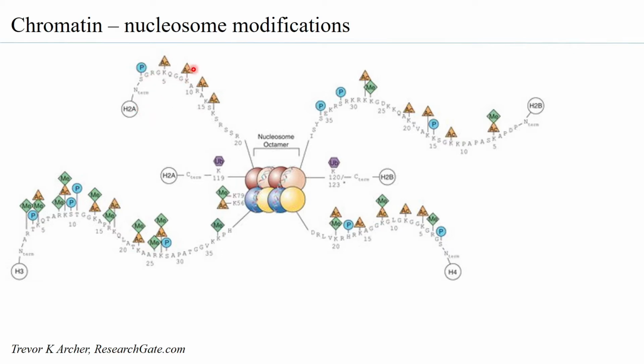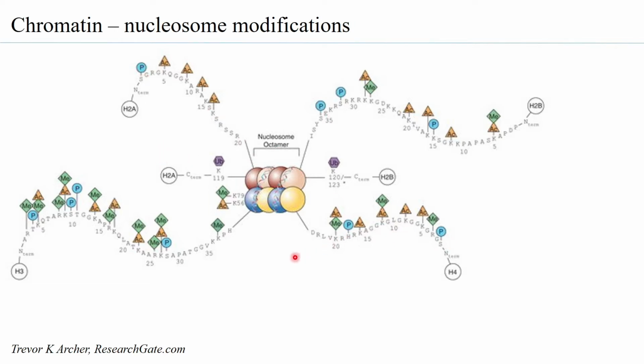For example, an acetyl group can be added, so you have acetylation. Phosphorylation is one such modification that is possible on the histone tail. You can have deacetylation also. If you already have an acetylated residue, the acetyl group can be removed. So deacetylation is another possibility. In fact, acetylation is a reversible modification. Similarly, phosphorylation can also be a reversible modification.